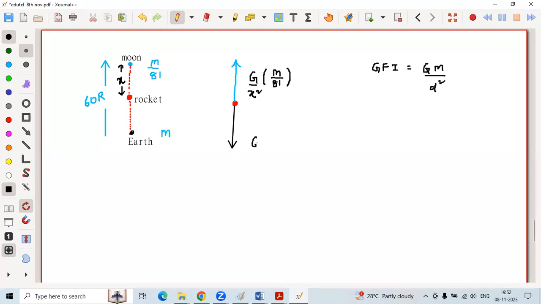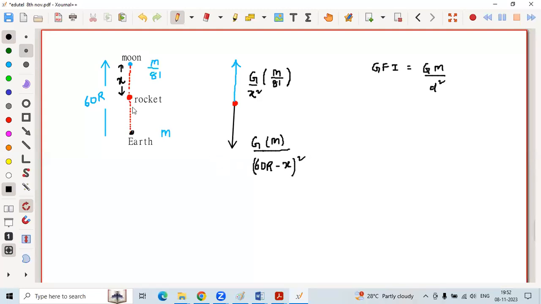G M, where the source here is Earth, divided by the square of the distance between rocket and Earth: T minus x square. Total minus x, where the total is 60 r, minus x square. That's all.